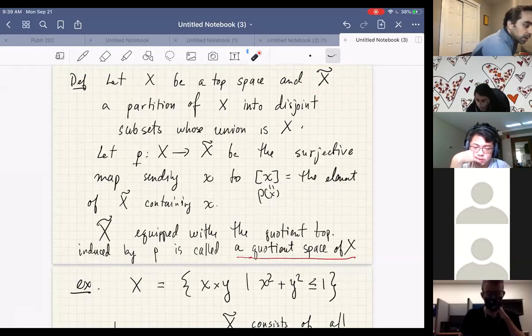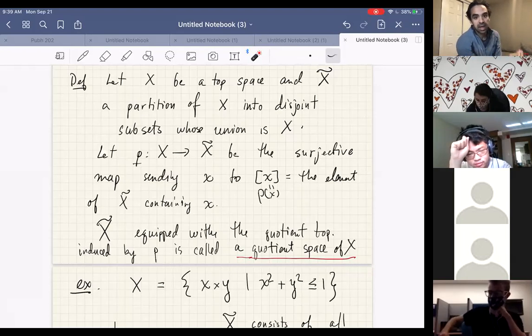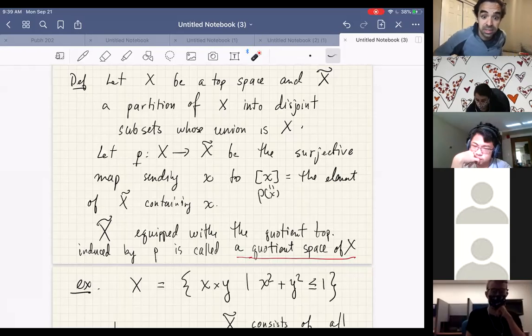So a point in X tilde becomes a subset of X. That subset might be a singleton, or it might be a bunch of points. But these are the new points in X tilde. And there's a topology induced by X on this set of points. Does that make sense?